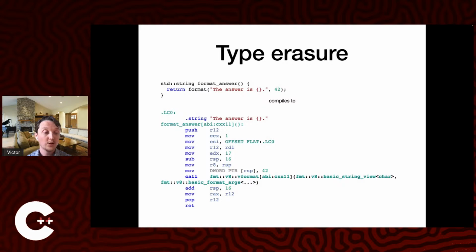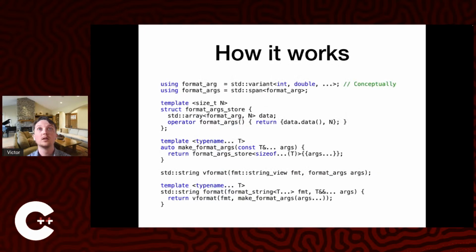So remember the iostream example from a few slides before? We generated hundreds of instructions. This is the equivalent with fmt, which is just a dozen instructions and a single call to vformat, which I think is a nice improvement. Conceptually, it works as follows.